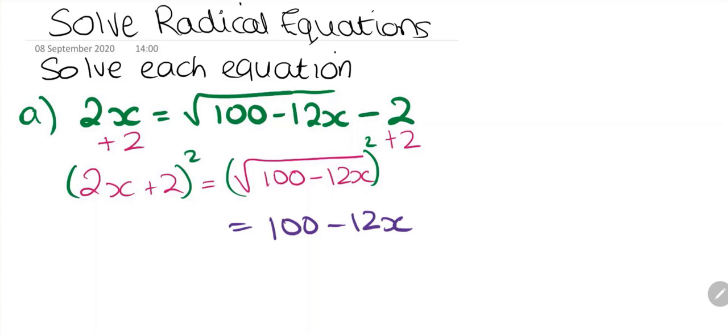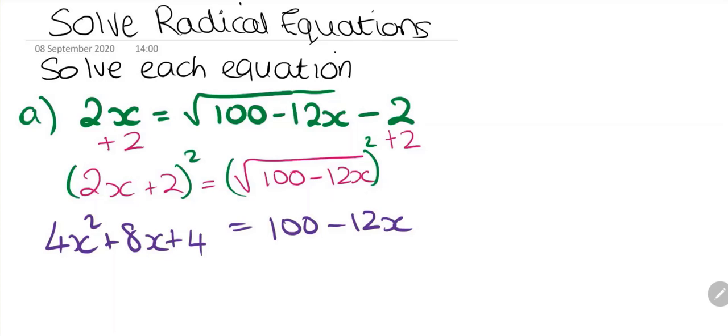And then I need to use FOIL, or I can use the difference of squares formula, and this will leave me with 2 squared is 4x squared, and then 2 times 4 is 8, so I got plus 8x, and 2 squared is 4, so that's going to be plus 4.